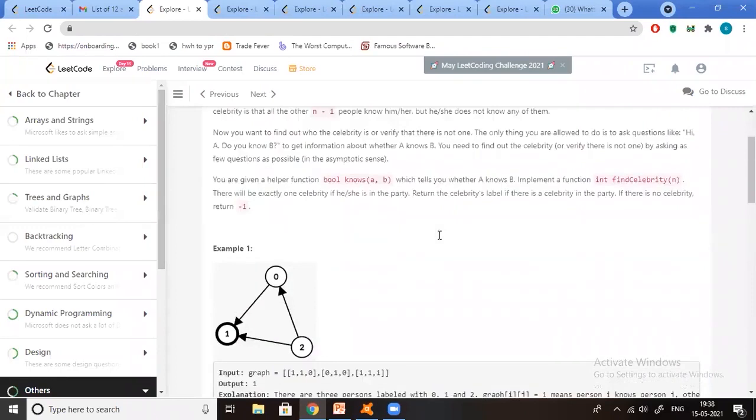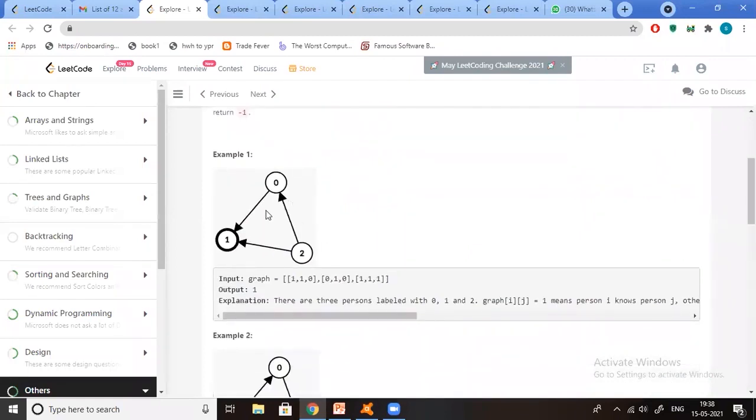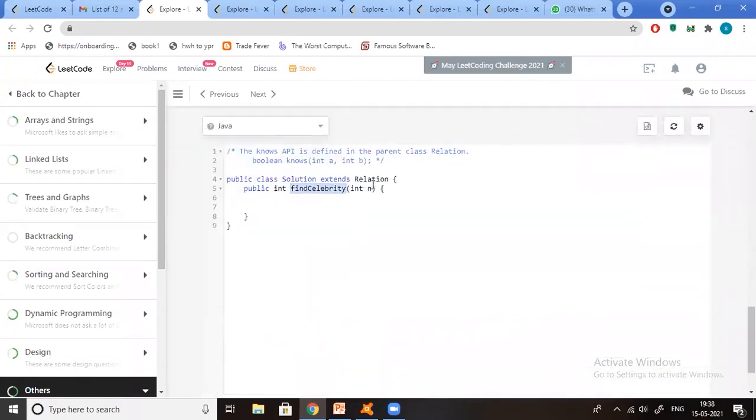If that celebrity does not exist, we are going to return -1. Now, as per the diagram, we can see what input has been provided to you. Don't get confused with these inputs. The input will be an n, which is the number of people present in the party.